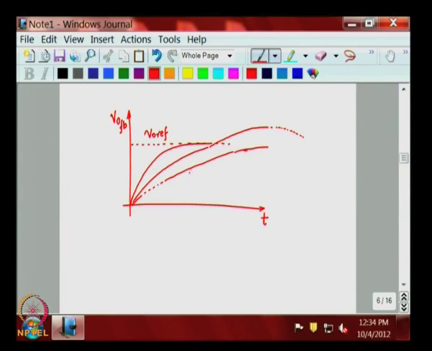So, you will see this, if this is Ki, Ki is increasing like this.